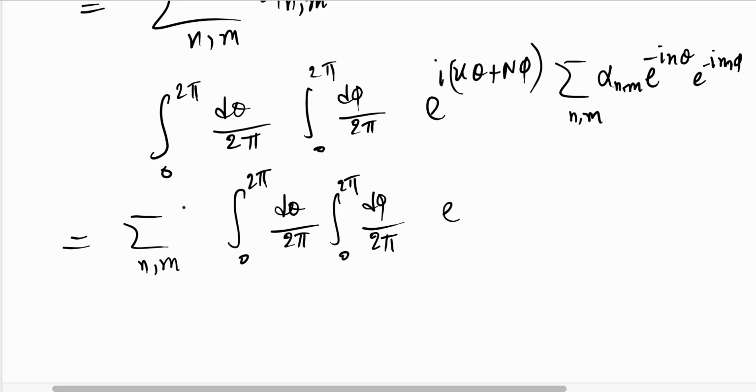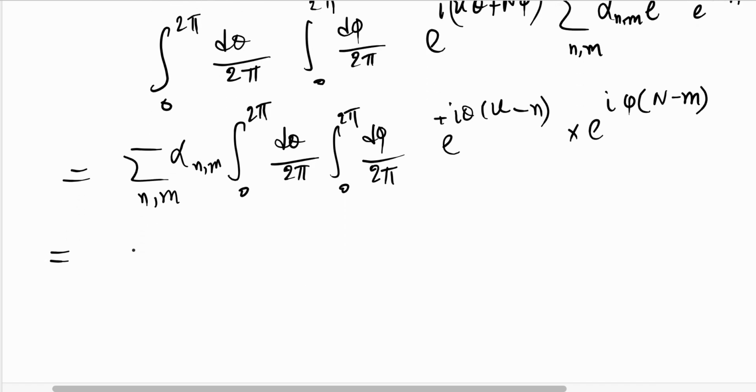Also alpha nm is a constant and does not depend on theta and phi, as we have seen in Mathematica, so you can keep it outside this integration. So summation of nm alpha nm, e to the power i theta u minus n, into e to the power i phi n minus m, right.